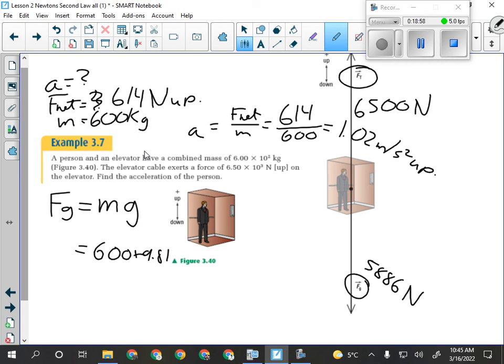Or I've even seen sometimes where they say the apparent weight of the person is this much, the acceleration of the elevator is this, calculate the mass of the person, and you have to kind of work backwards to get it. So it's all kinds of different ways to ask an elevator question, but when it comes down to it, an elevator question is 2 forces. The upwards force and gravity. That's all that acts on an elevator.